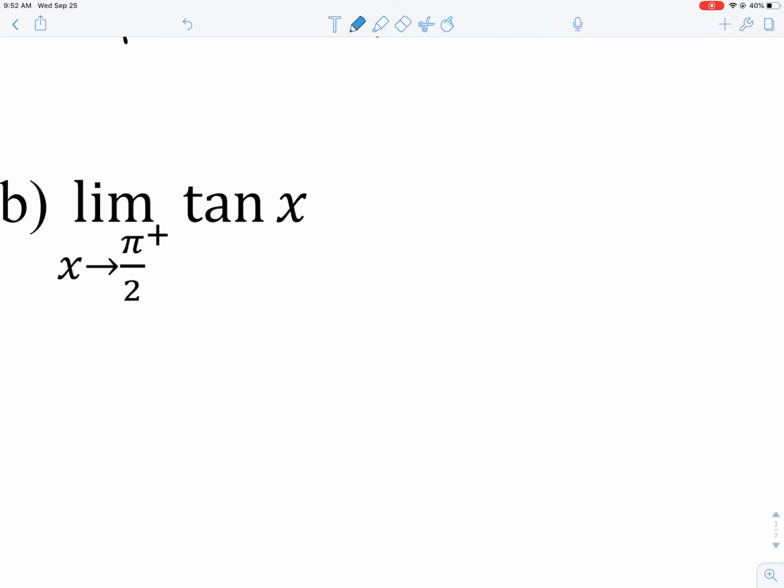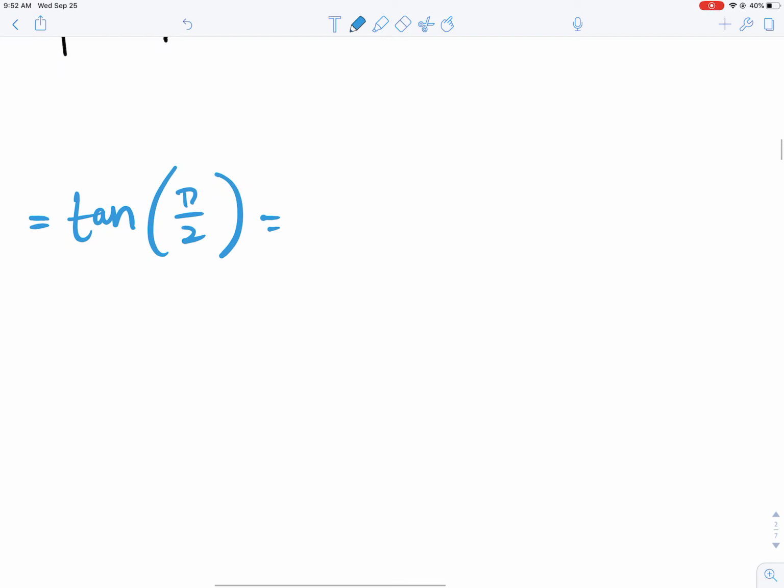Okay, so now we're taking the limit as x approaches pi over 2 from the right of tangent. So again, from the right. If we try direct substitution, remember tangent is sine over cosine.